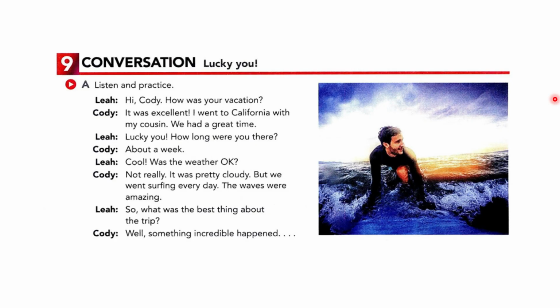Okay, so these are negative responses to a yes or no question with the verb to be. Here we have was at the beginning of the question because we're talking about the weather and it's singular, it's an it, so we use was. Here we have were because the subject is they, plural, and we use were.